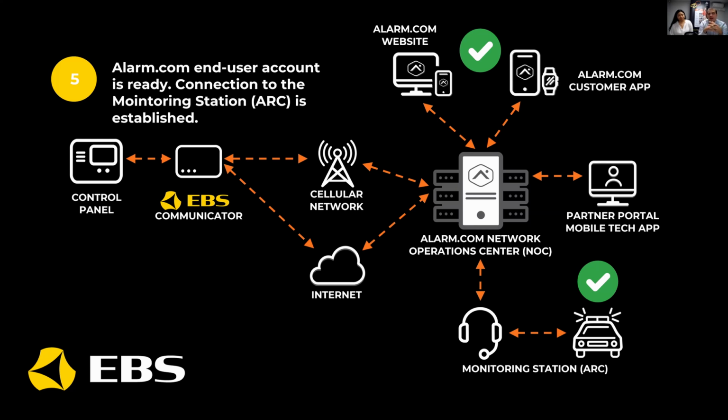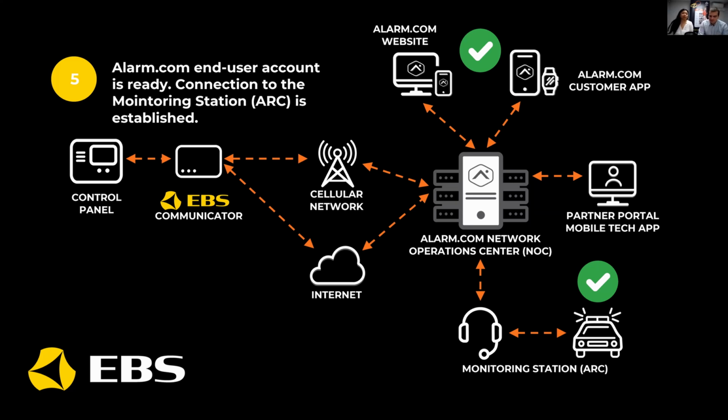At the same time, the alarm.com end user site is ready, so the installer can send the activation link to the client, and it's done. It's working, and the client can start using the alarm.com app, and he can expand the system by buying more devices. Yeah, true.